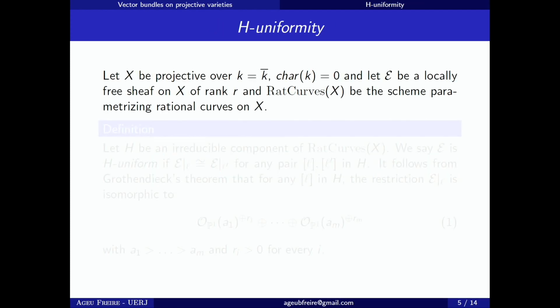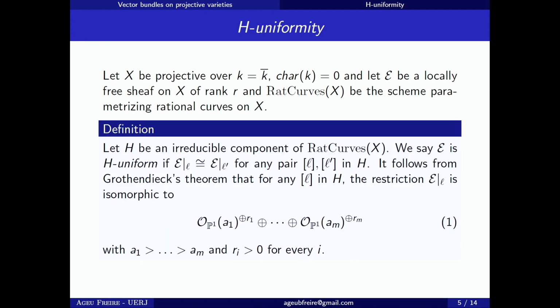For this, let's consider X a projective variety over a field that is algebraically closed and of characteristic 0, and consider E a locally free sheaf on X. Also denote by RatCurves the family of rational curves contained in X. Now we can define this notion of uniformity, but for this we have to consider an irreducible component H of RatCurves on X, and we say that this locally free sheaf on X is H-uniform if, when we take two rational curves in H, the restrictions are isomorphic.